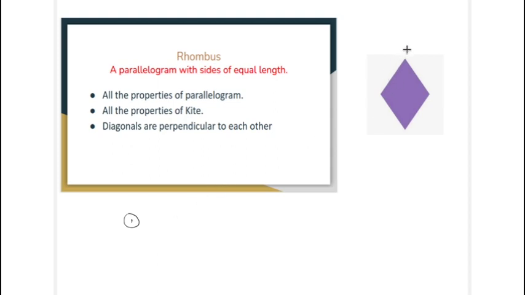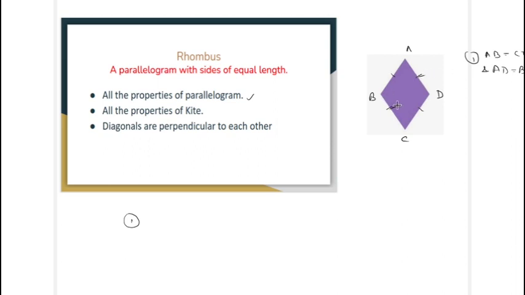So in this rhombus also, if we name it A, B, C and D, property number 1 of a parallelogram says that opposite sides are of equal length. So here also AB equals CD and AD equals BC.